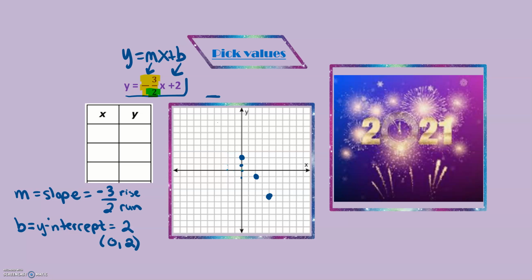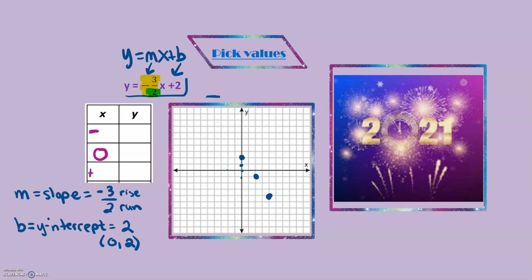When you pick your values, remember, you have the control. You get to pick your values. But when you pick your values, you need to pick one value that is a negative value. Always pick 0. And then you need to pick another x value that's positive. You need that minimum of 3 points because that tells you exactly what your line looks like.